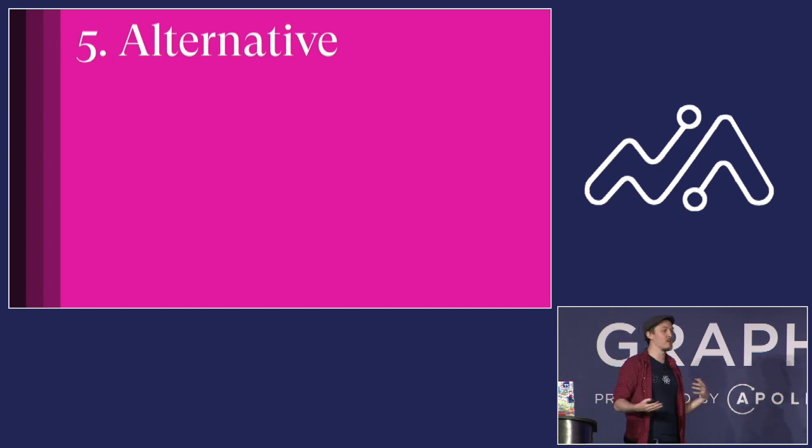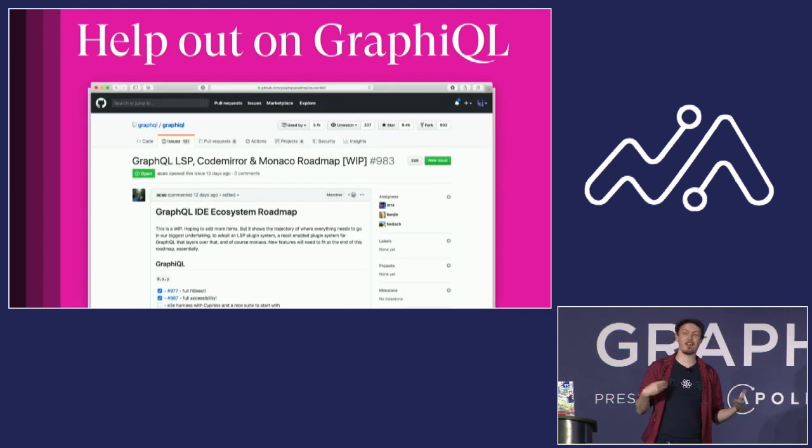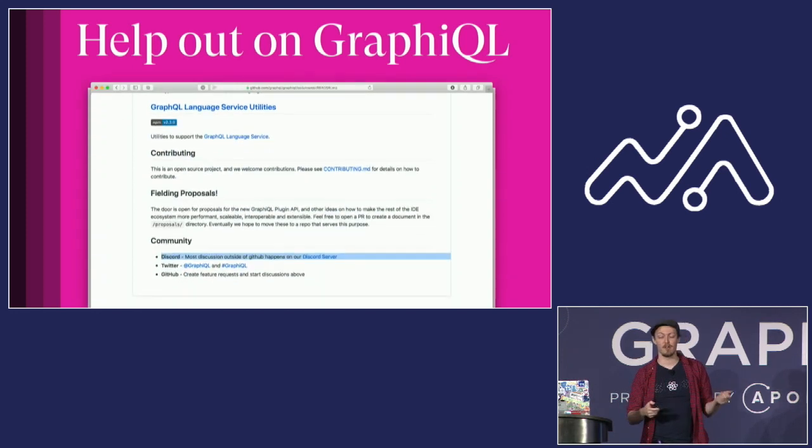If you're interested in contributing to GraphQL at some of these ecosystem level problems, then first of all, you can cheat, and you can just help us out on GraphQL. You can start doing that today. There's a big roadmap right now that teaches you where we want to take it and what all the pieces are. If you have React and JavaScript experience, which I bet the majority of the people in this room do, all you really need to do is look at the roadmap and come join us in the GraphQL Slack.